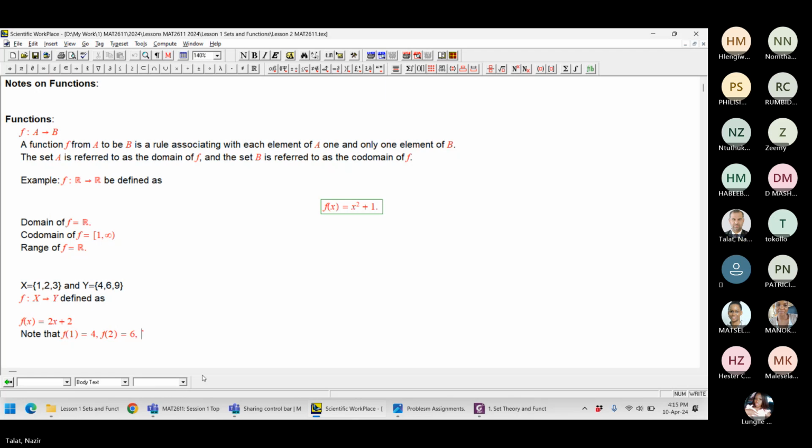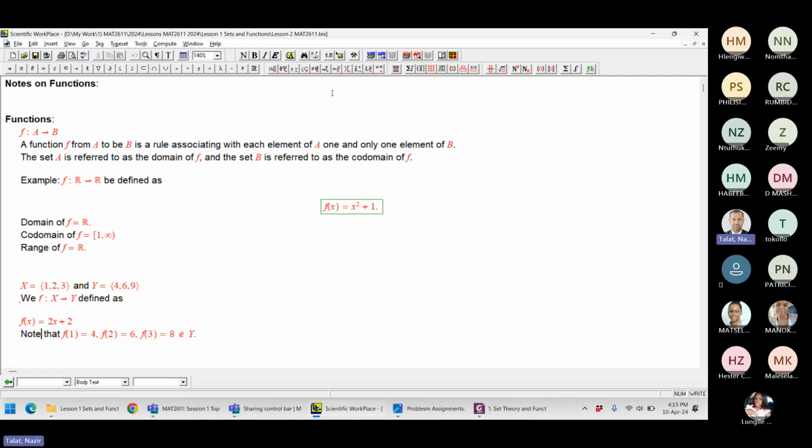And if we put the third domain value 3, the answer is 8. But remember that this 8 does not belong to y, because y obtains only the values 4, 6, and 9. So this is a relation which is not a function.